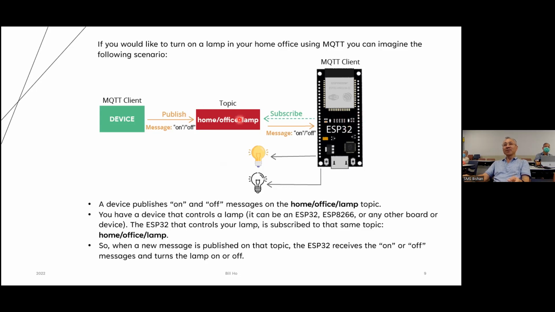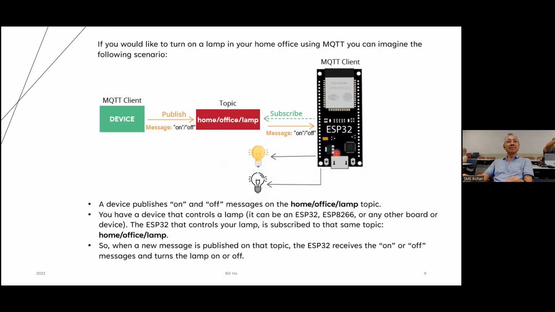So when a device publishes "on", the ESP32 receives "on" from this topic, then it will turn on the lights. If it receives "off" from the topic, it will turn off the light. All based on the current message I received.